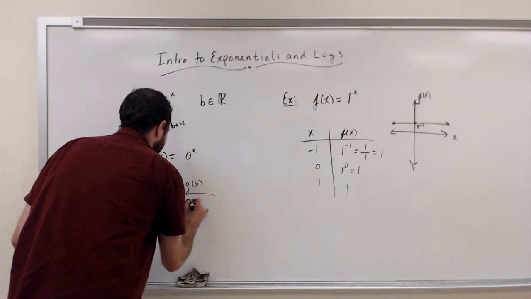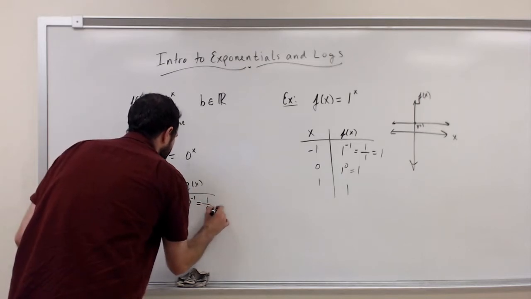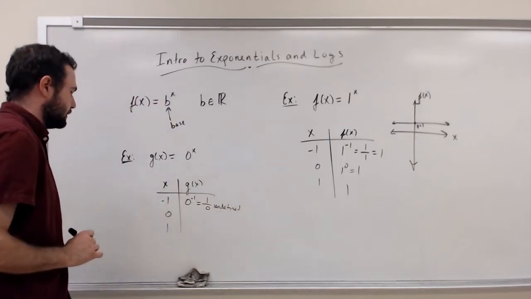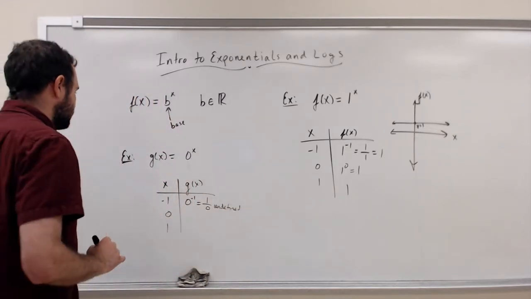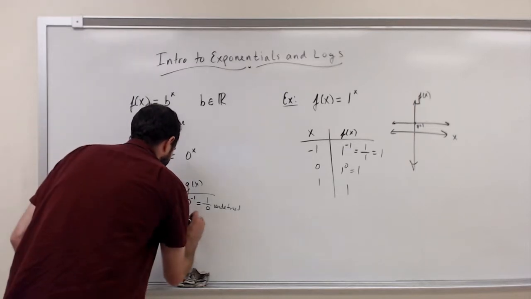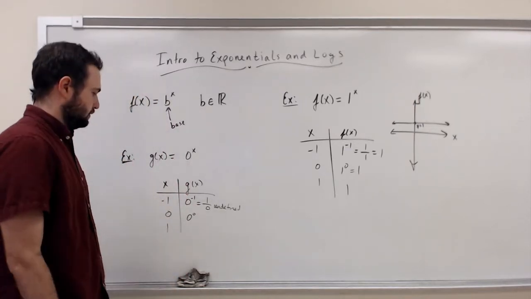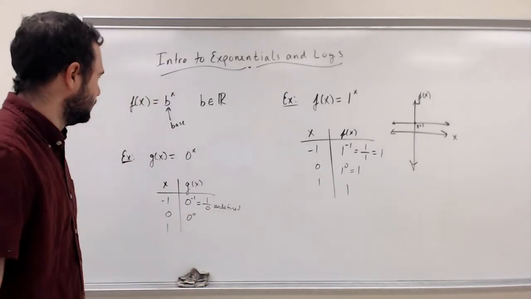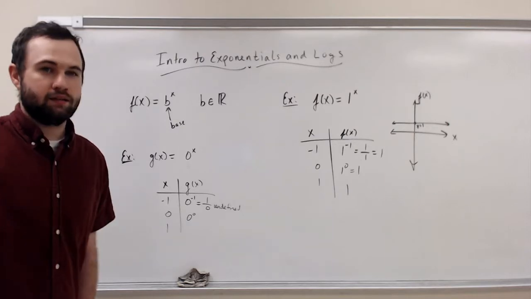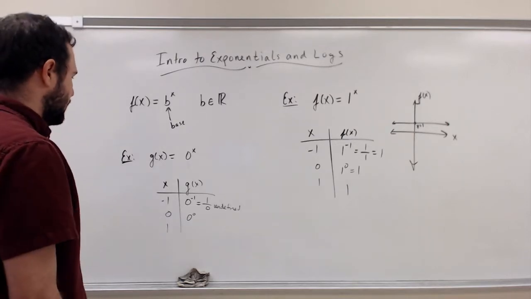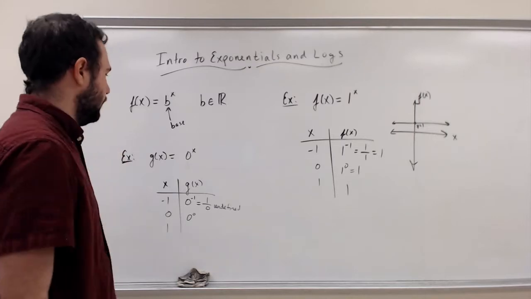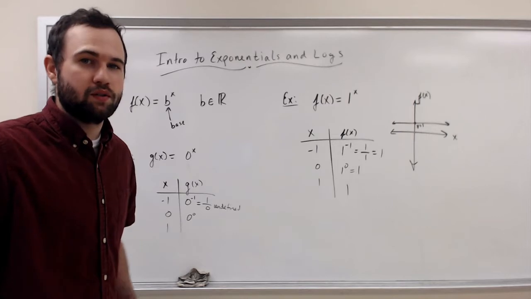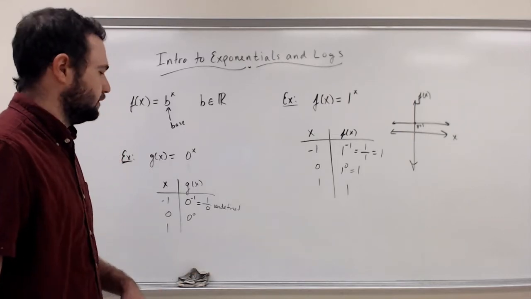So we get 0 to the -1, which is 1 over 0, which is undefined. Okay? 0 to the 0, well, that's one of those kind of indeterminate ideas. It can be a lot of things. We could say, well, 0 to anything is 0, but we can also say anything to the 0 is 1. And so in two different ways, we could say this is both 0 and 1, which instead of saying that, we just say this thing is undefined.